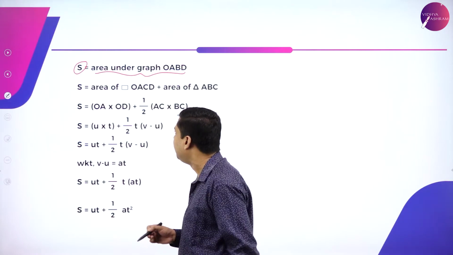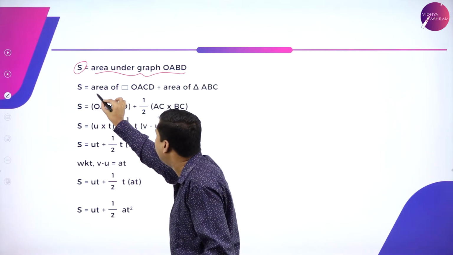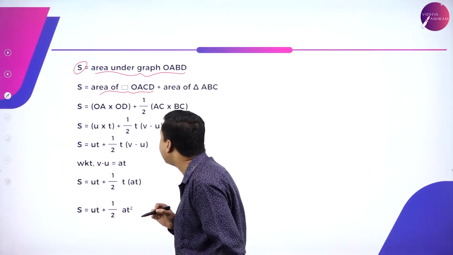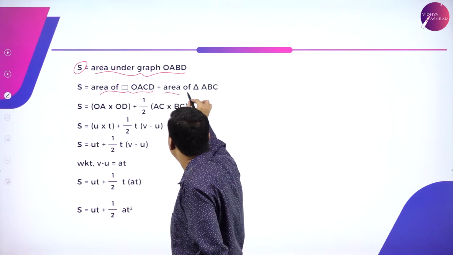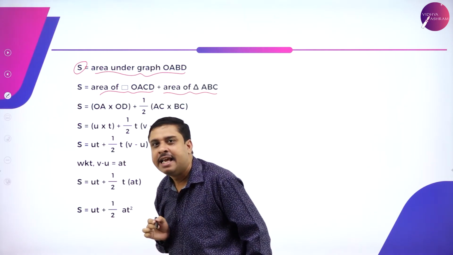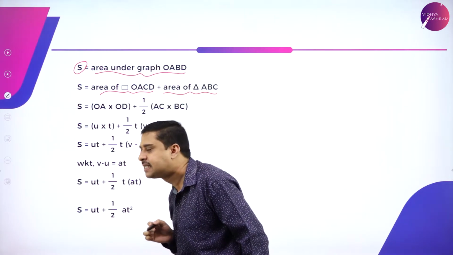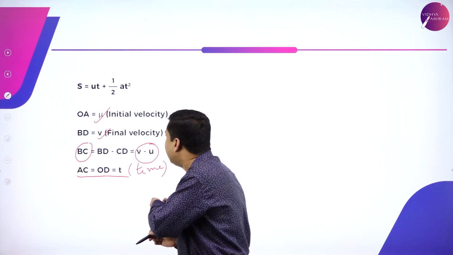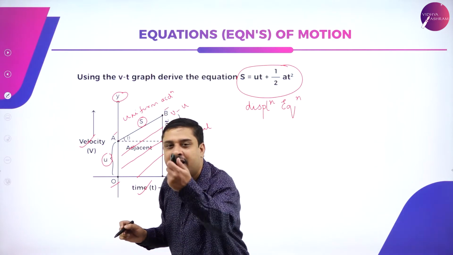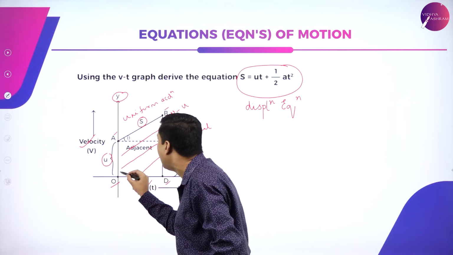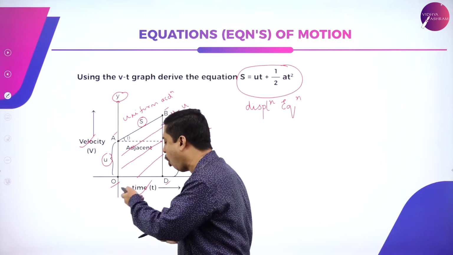Therefore, S equals the area of the rectangle OACD plus the area of the triangle ABC. Recall, area of a rectangle is length into breadth, OA into OD.